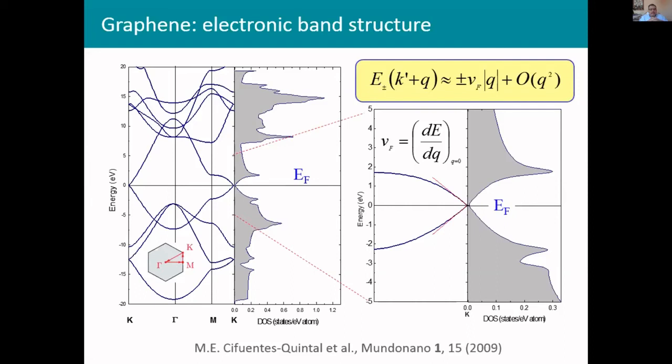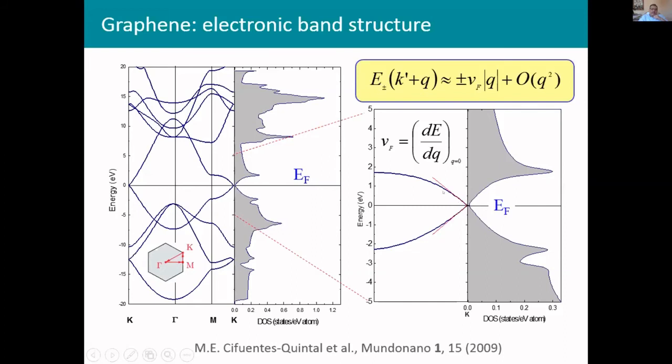In this plot, on the left, we are presenting the electronic band structure of graphene. It's very well known, however, it's interesting to emphasize some aspects. For example, in this part at the Fermi level, we find this behavior of the electronic band structure in the very small energy range up and down of the Fermi level.